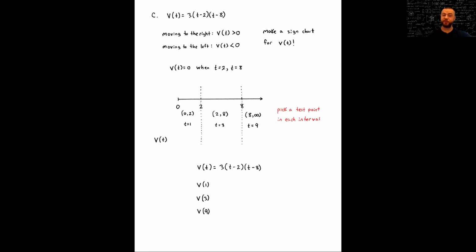All we have to do to finish answering part C is complete our sign chart and determine on each interval of time if the velocity is positive or negative. You can do that very easily here. Plug in those 3 values for time, 1, 3, and 9, into the velocity, and see if you get a positive or negative output. We'll check in about 30 seconds.